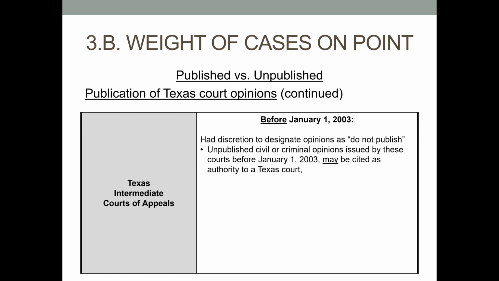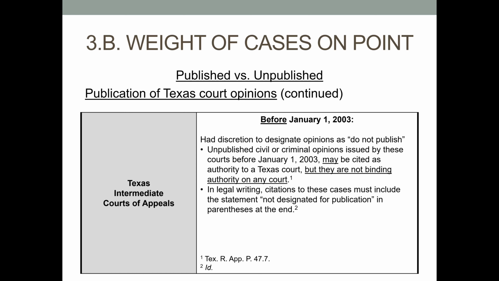So if you want to cite an opinion of a Texas Intermediate Court of Appeals that's unpublished and was issued before January 1st, 2003, whether it was a civil or a criminal opinion, you may still cite it as authority to a Texas court, but these opinions cannot be binding authority, even on the court that issued them.